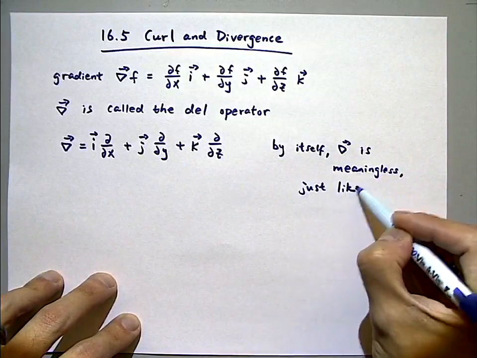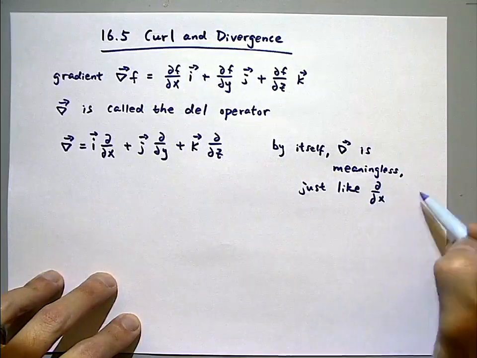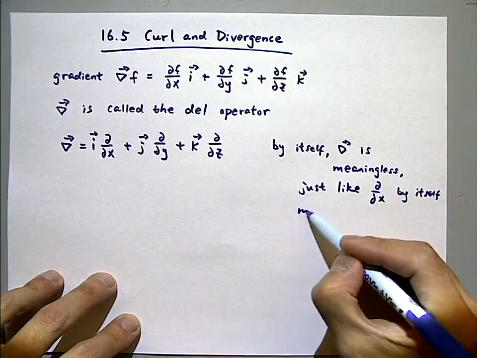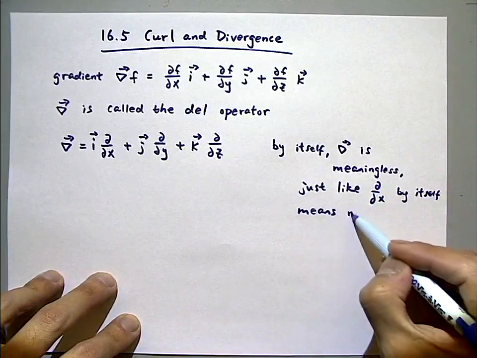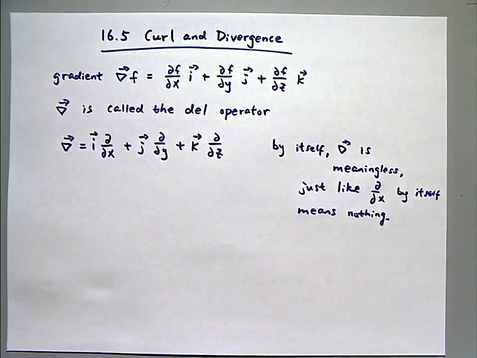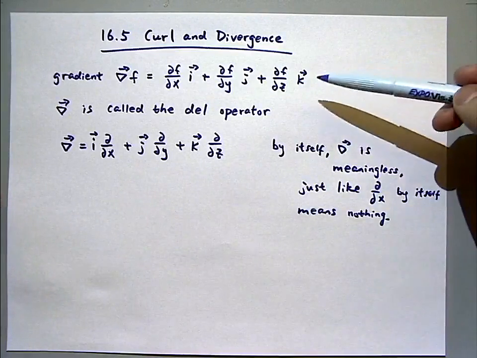Just like this thing by itself means nothing. Only when it is operated upon something, hence the name operator, does it gain a meaning. Okay, so let's revisit this gradient here.